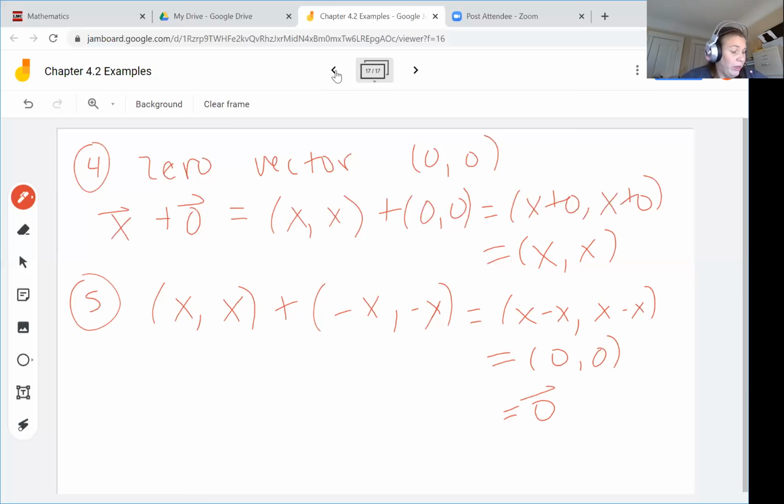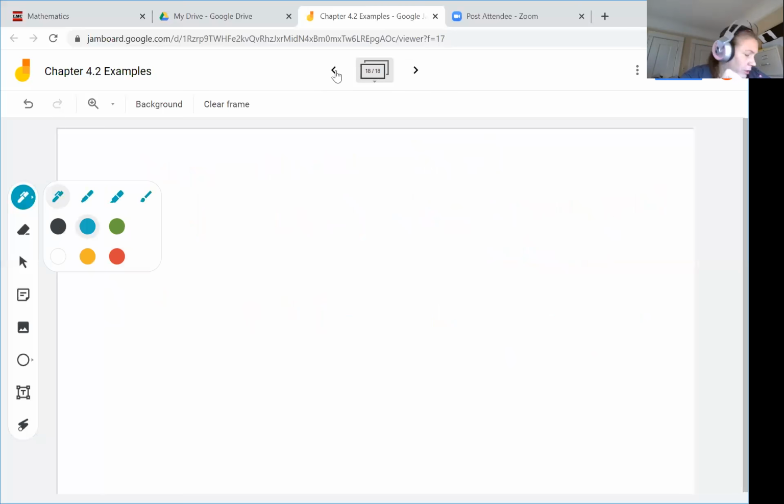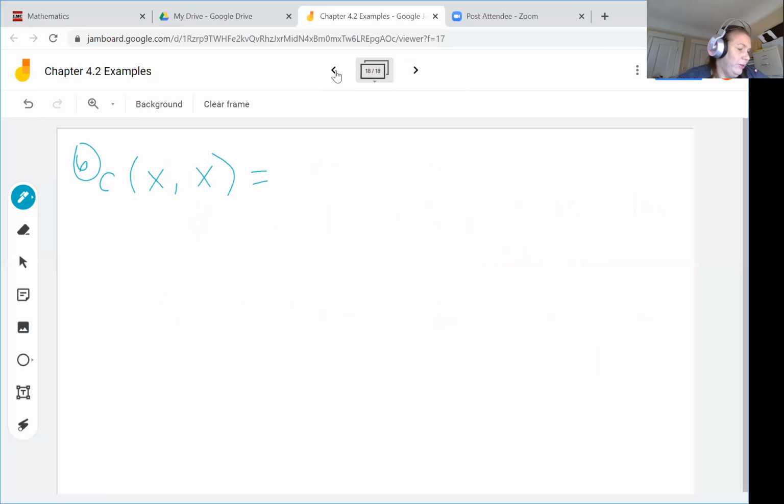All right, now we have to check the 5 properties associated with scalar multiplication. So first we have to check that if you multiply by a scalar, this is property 6, that you are still in your set.